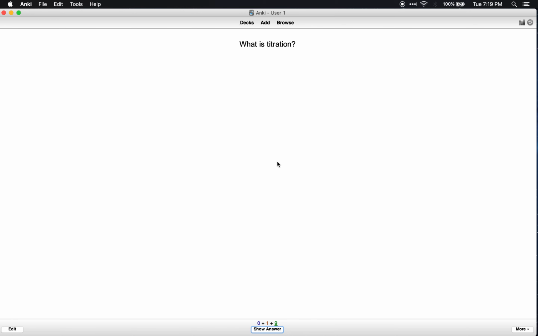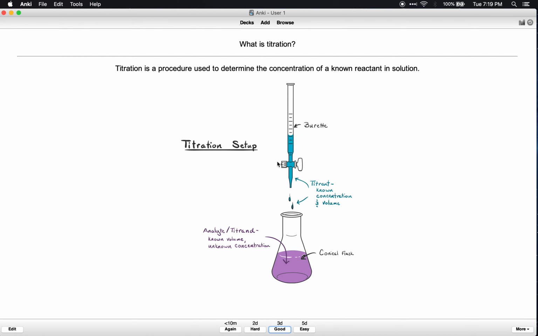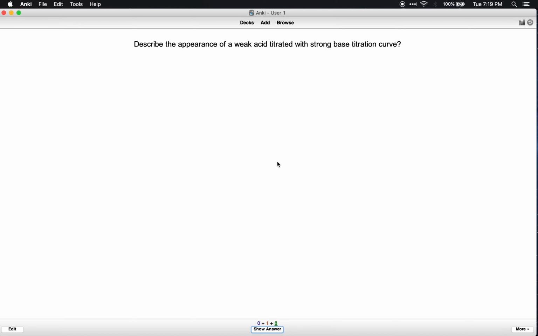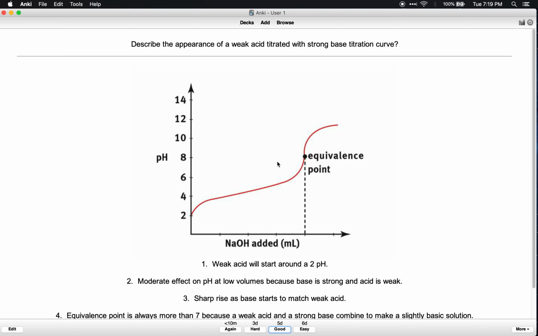A titration is dispensing a titrant into a titrand, like a base in a titrant and an acid in a titrand, until you reach the equivalence point, which is a color change. For a weak acid titrated with a strong base, the equivalence point is usually above pH 7 because you're using a strong base.